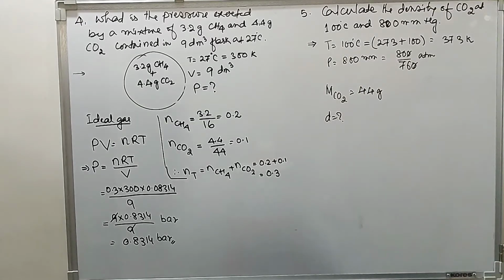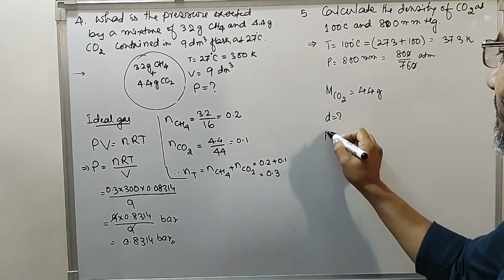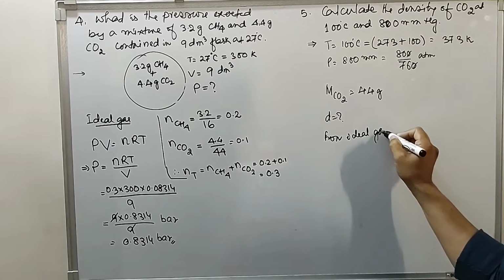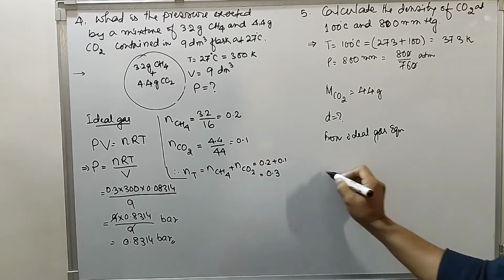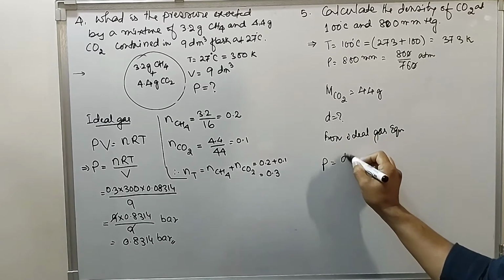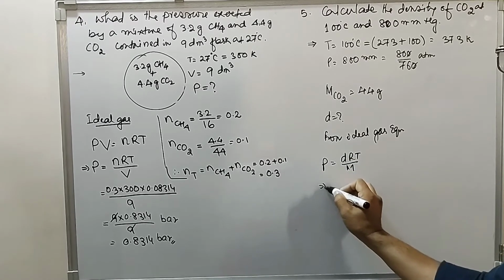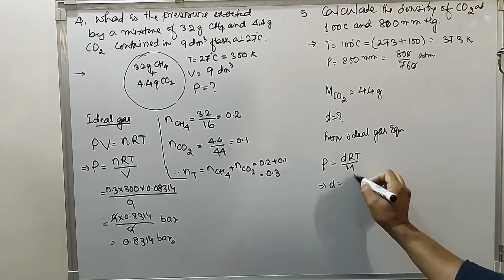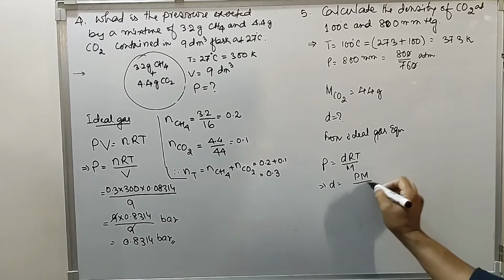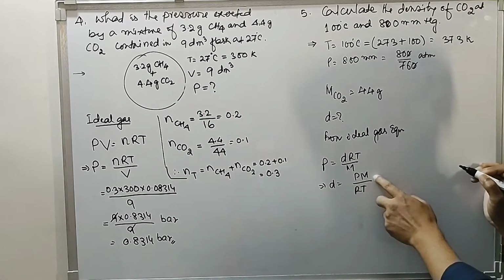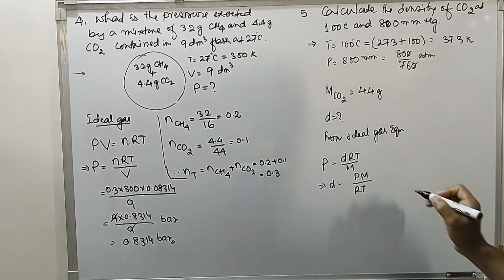Then what is the density? Look at this. We have an equation of the ideal gas expressed in terms of density. So from the ideal gas equation, pressure is equal to density times RT by M. So therefore, density is equal to PM divided by RT, where P is the pressure, M is the molar mass, R is the gas constant, T is temperature.